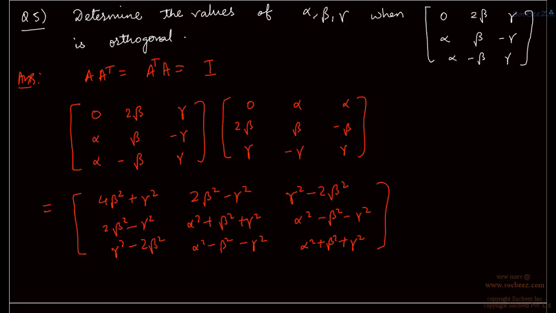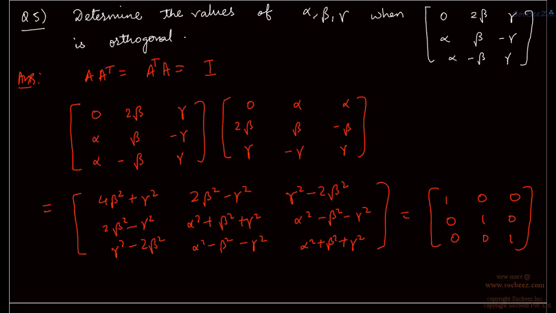Now this is our A into A transpose, and since it is known that A is an orthogonal matrix, we know that this is equal to 1 0 0, 0 1 0, 0 0 1, right? So now we know that these two matrices are equal to each other. What that means is all their individual elements are equal to each other, right?